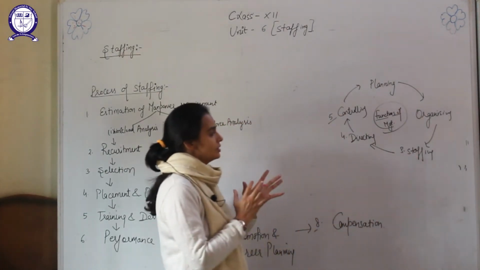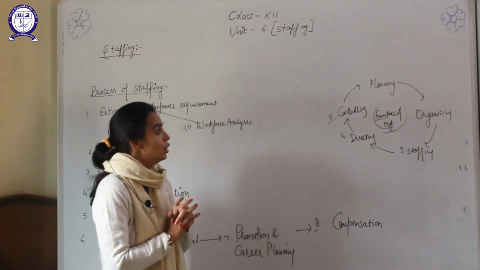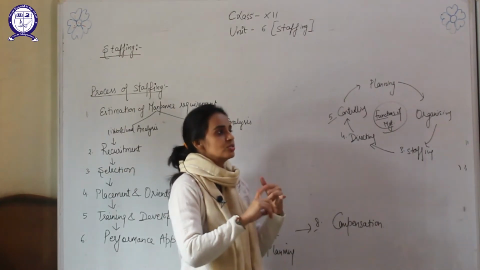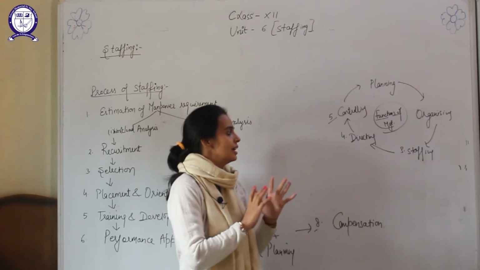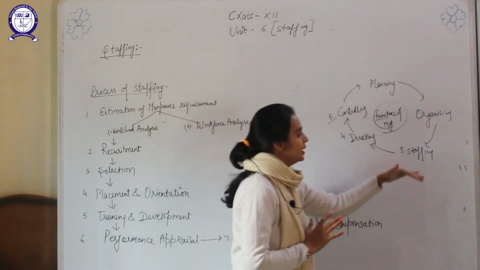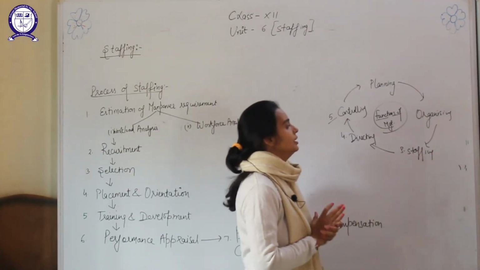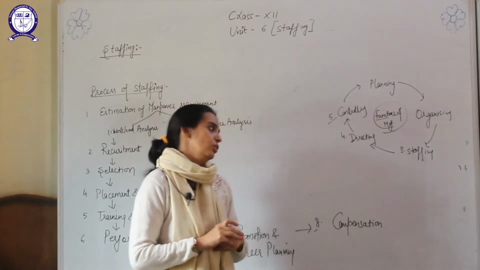The staffing function is related with the manpower, with the employees. All the physical resources, land, labor, and machinery, are useless without manpower. Nowadays, all the employees of the organization are considered human assets.